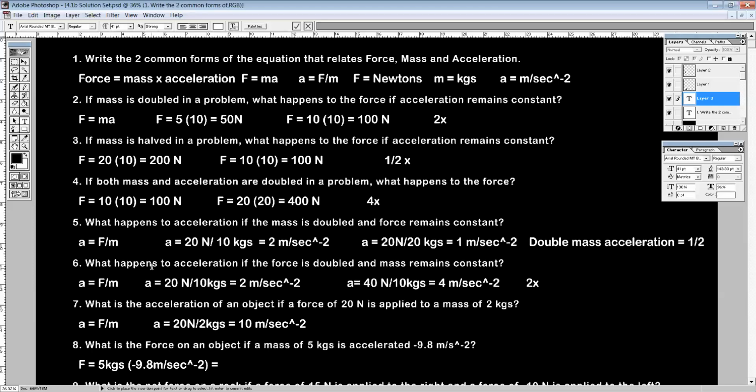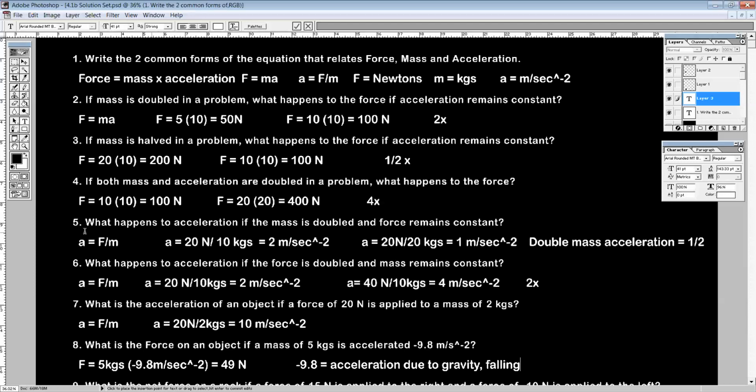And that's going to be equal to 49 newtons when you run that math. And if you notice, the negative 9.8 equals the acceleration due to gravity. And you notice that it is a minus 9.8 meters per second, and that indicates that it is a falling object.